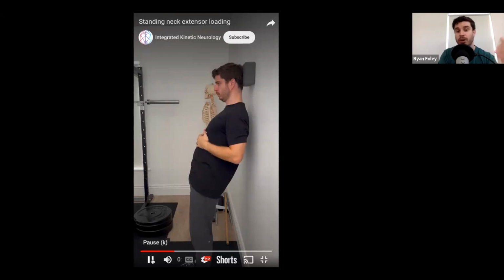But what it does is it encourages more freedom of motion to get that length here. Okay, so you can see my thoracic spine is shifted forward, but this affords a greater capacity for me to experience load in that manner through the upper cervical spine. Okay, so we're utilizing this to almost give the client the experience of load through the upper cervical extensors as they're expressing more eccentric behavior.